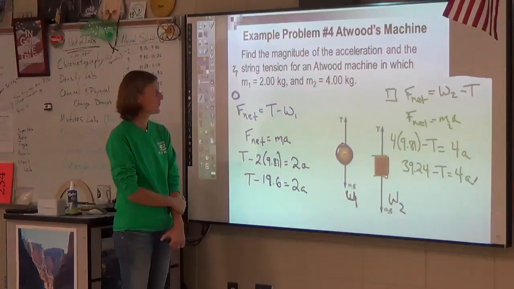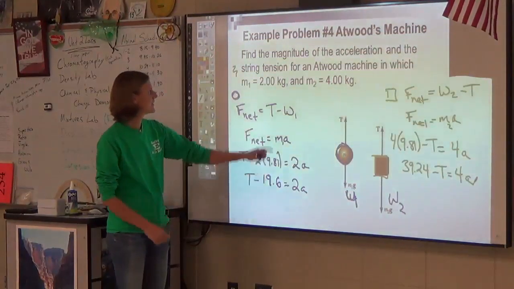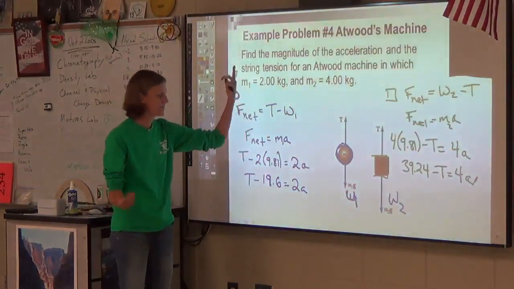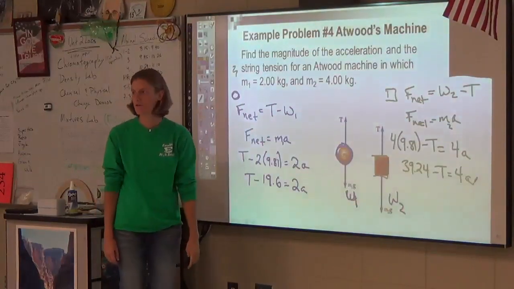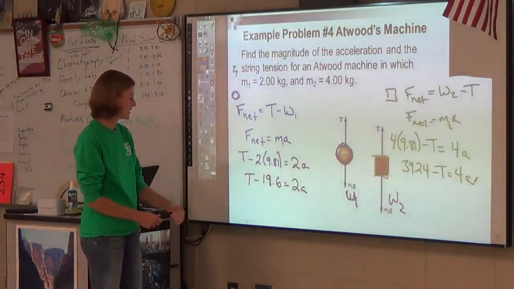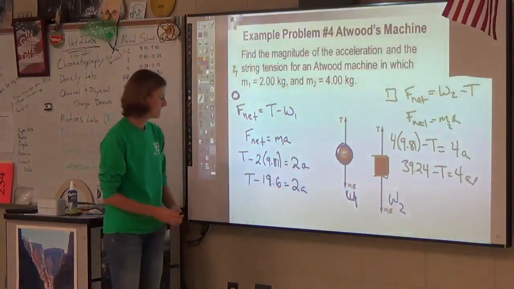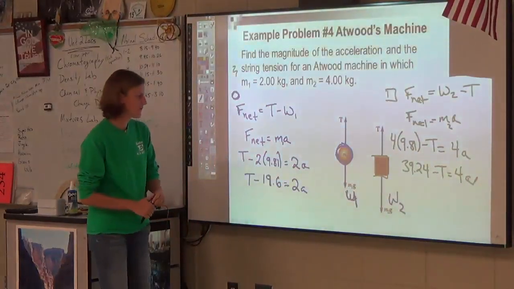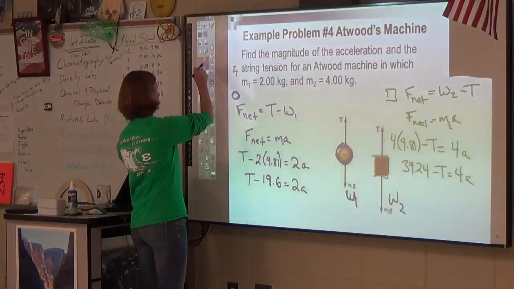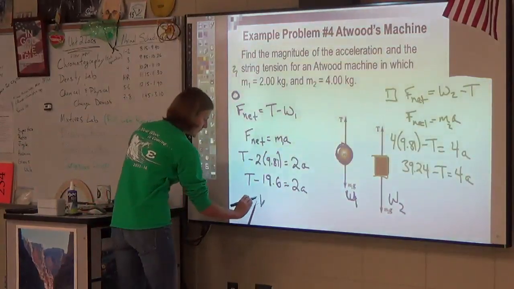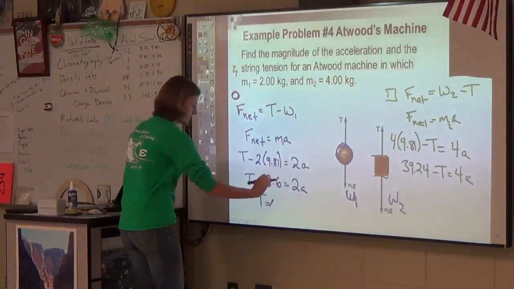Okay, where do we go now? What are we looking for? Looking for acceleration and tension. So we find either one first. You've got 2 separate equations. Both have tension and both have acceleration in them. So just pick one to solve for and plug it into the other. I'll solve for this one because I just got to add the 19.6 over.